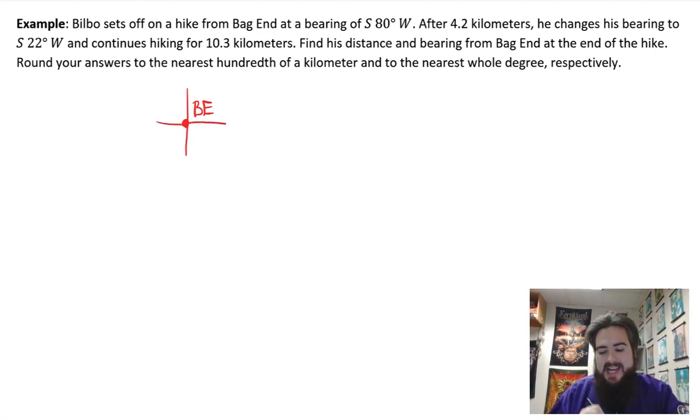And remember that south 80 degrees west means face south and turn 80 degrees towards west. That will indicate your direction of travel, which we are told is 4.2 kilometers.